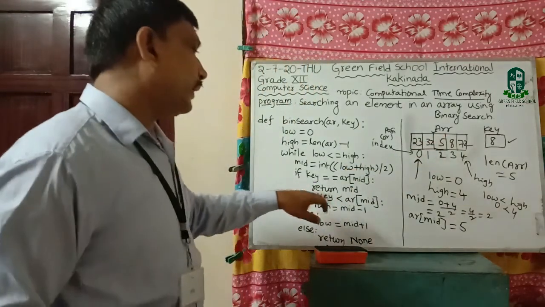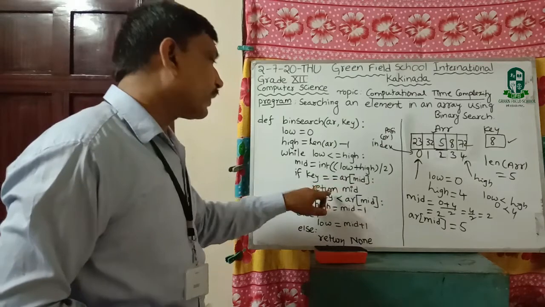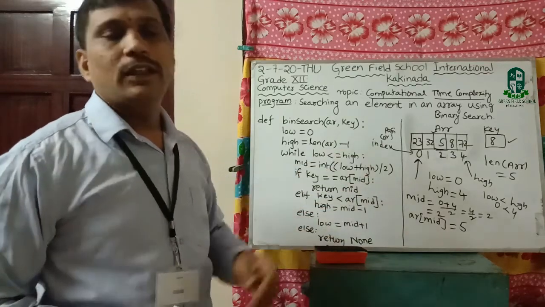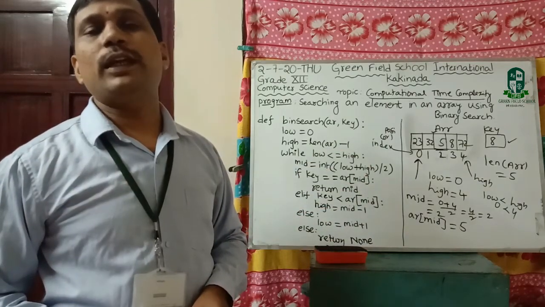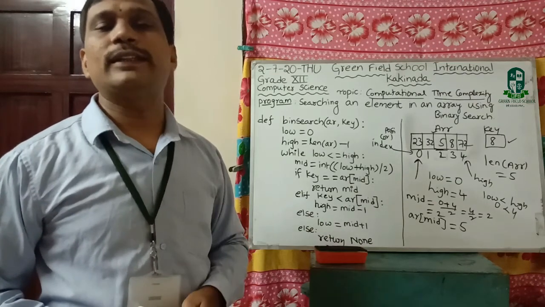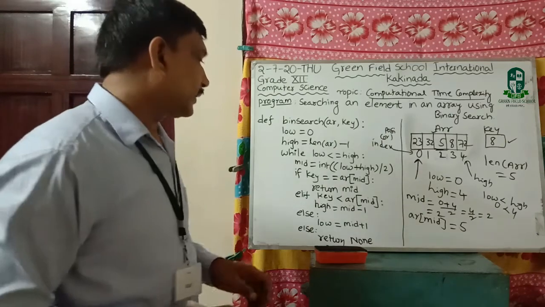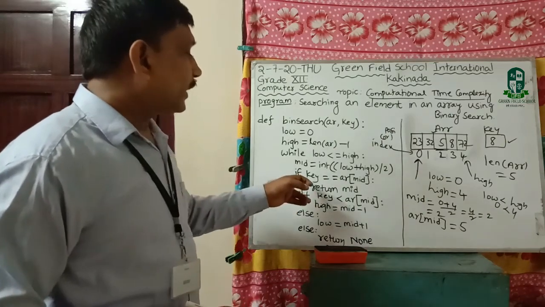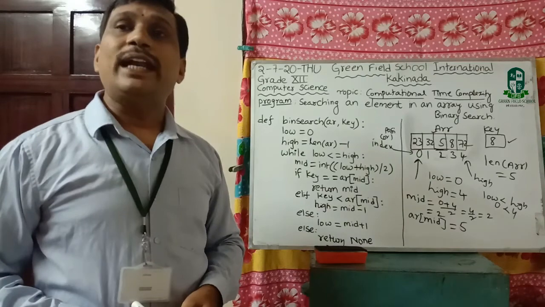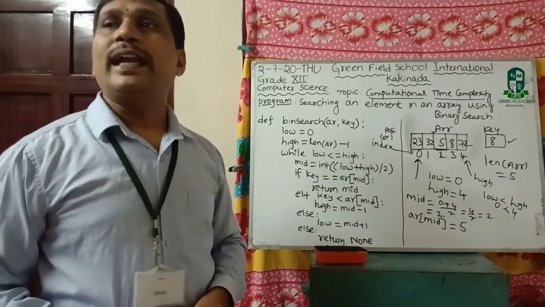If key is equal to array of mid, then we return mid, the position where the key element is located in the given list. Suppose the key element is not equal to array of mid.